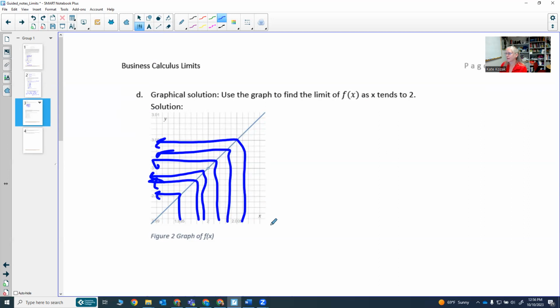So that says that the limit as x goes to 2 of my function f of x is equal to 3.